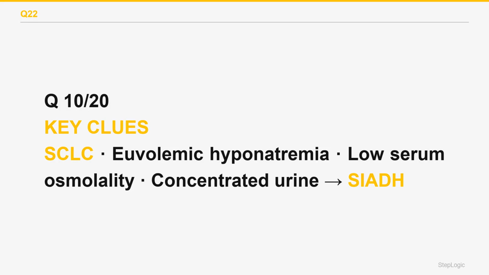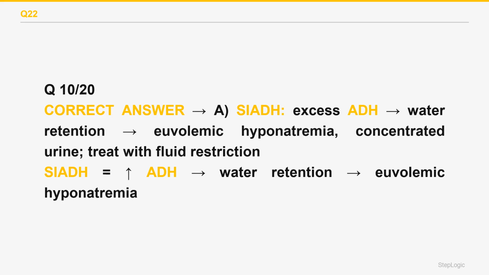The excess ADH causes the kidney to retain free water, diluting the blood and producing a euvolemic hyponatremia. The patient is not edematous or dehydrated, but the serum sodium and osmolality are low. Because ADH is acting, the urine is inappropriately concentrated, with high urine osmolality and elevated urine sodium, even though the blood is dilute. The correct answer is A.